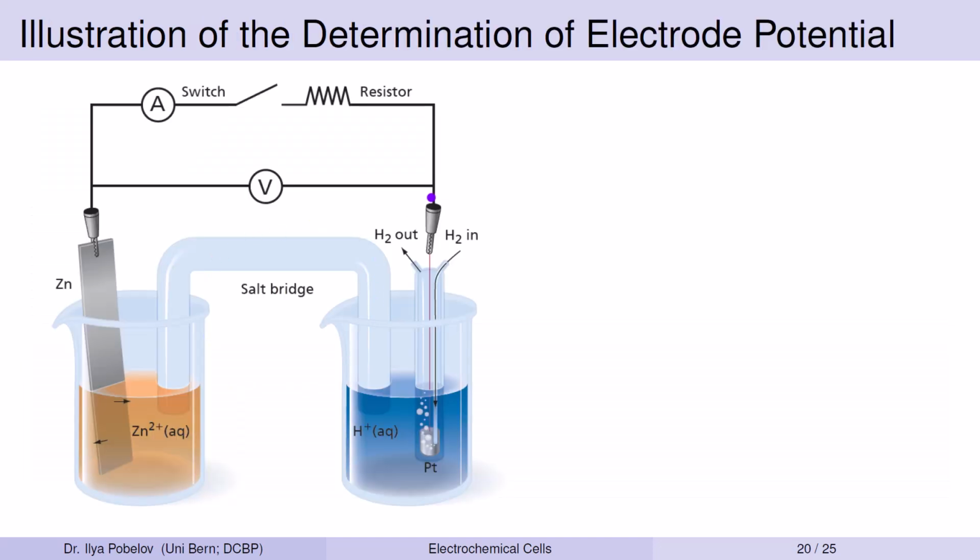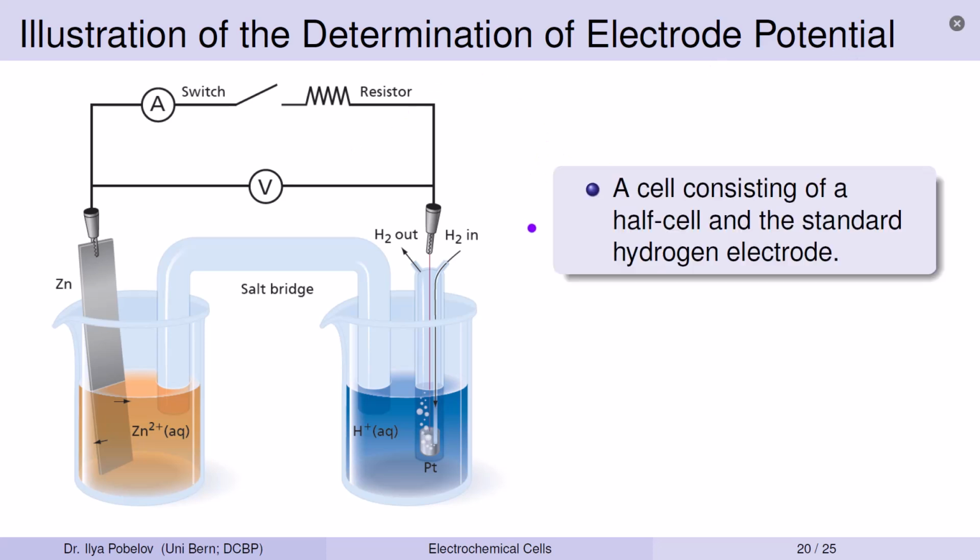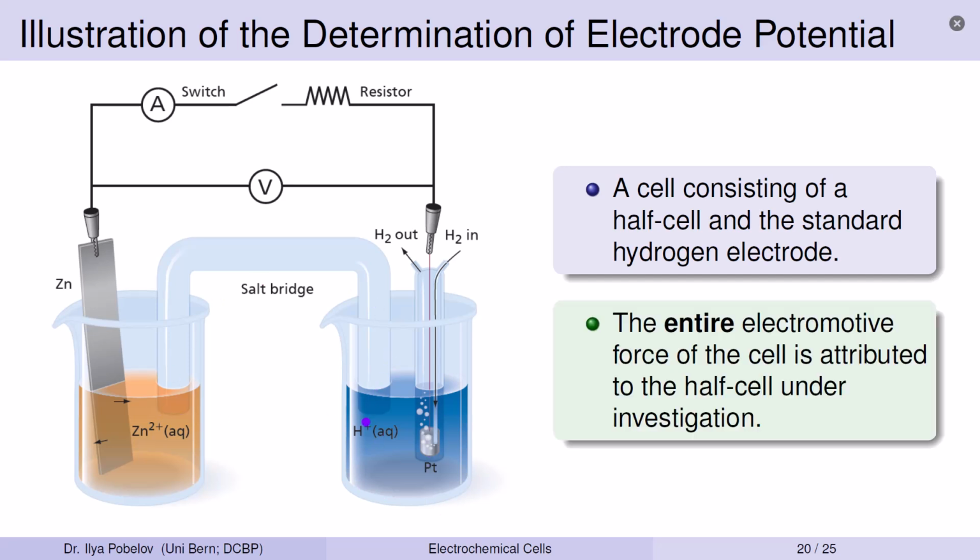This figure provides a conceptual illustration of the process leading to the determination of electrode potential. It shows a cell consisting of a half cell and the standard hydrogen electrode. In such a setup, the entire electromotive force of the cell is attributed to the half cell under investigation.